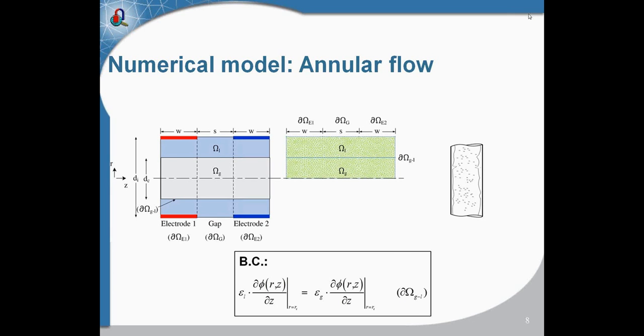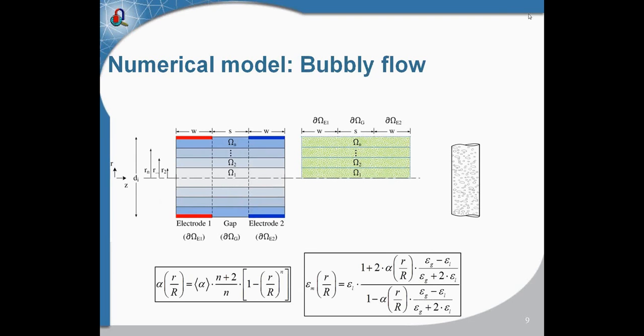On the next slide, you can see the approach of the bubbly flow pattern. In order to model the bubbly flow in the study, a so-called core peak radial void profile is assumed. This void profile is defined here in the left box at the bottom.